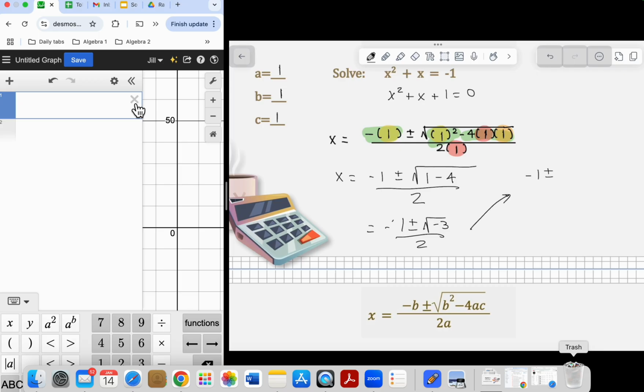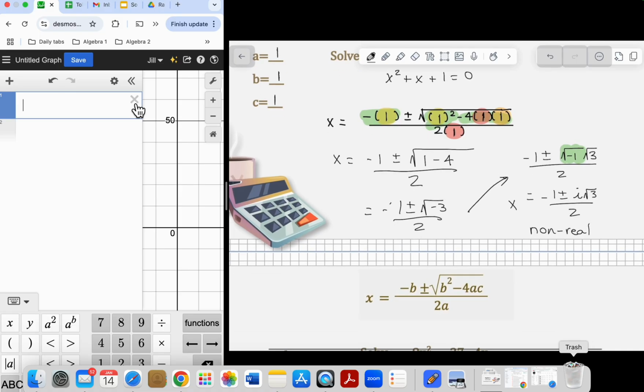It's got two solutions: -1 plus i root 3 over 2, and -1 minus i root 3 over 2. Just remember that square root of -1 we can replace with the constant i. So our two solutions are non-real solutions. They are not real solutions.